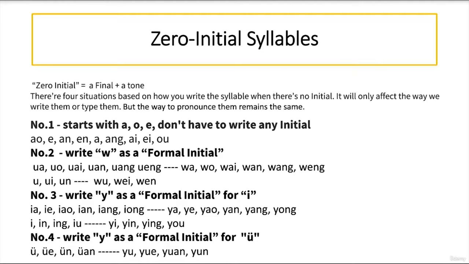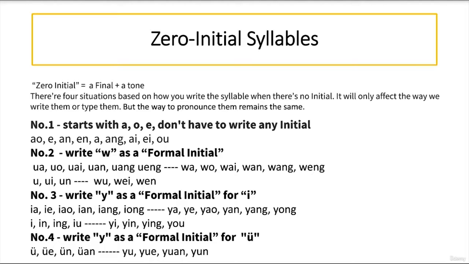Number 2, write W as a formal initial. We pronounce W as U. So when the zero initial syllable starts with the vowel U, we write W as a formal initial, which is not a real initial.